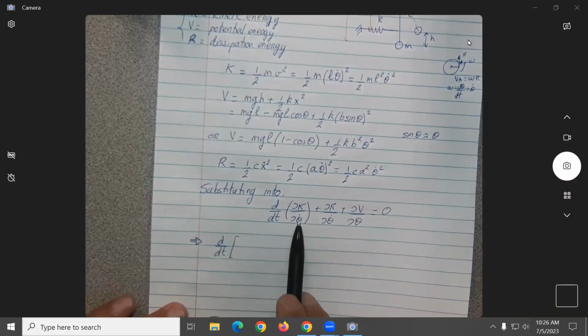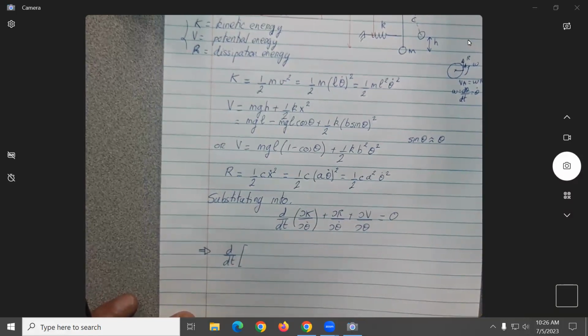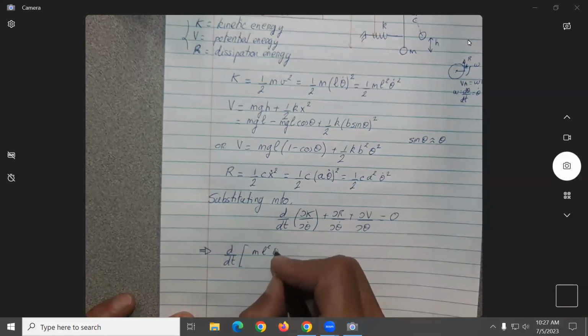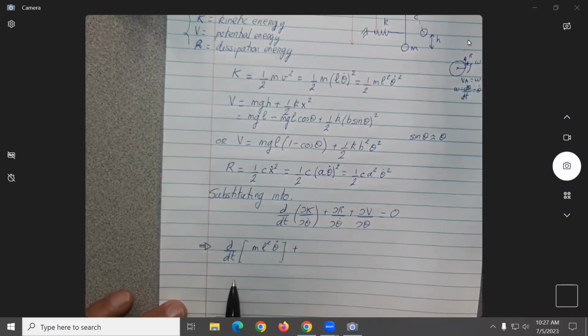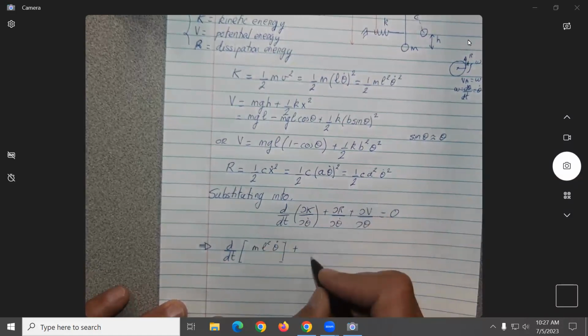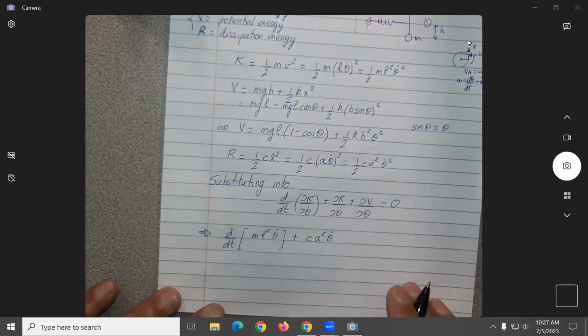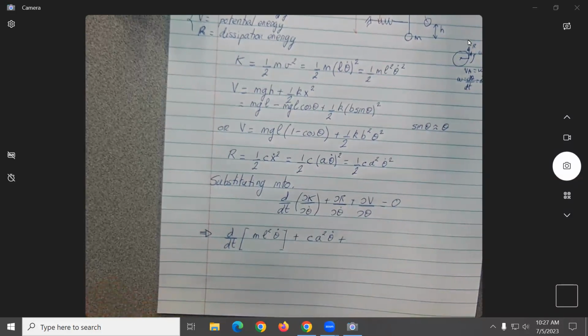What will be the partial K partial theta dot? So we do this one over here, L squared theta dot, partial theta dot. Plus the second term will be what? That one's pretty easy. It will be C A squared theta dot, no? And the last one, maybe that's the only one we need to be careful. What would be that one?